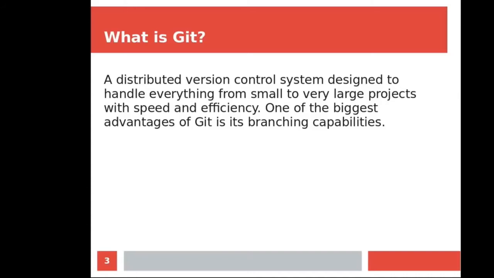Then it is difficult to handle if a team is working on a single project, and for example if multiple people are working on a single file, then it won't show you the conflicts. With Git, the first capability is that we can work as a team on a single project or a single file.